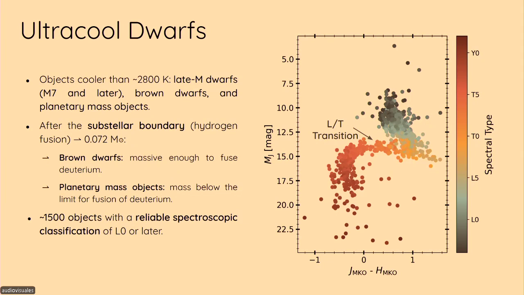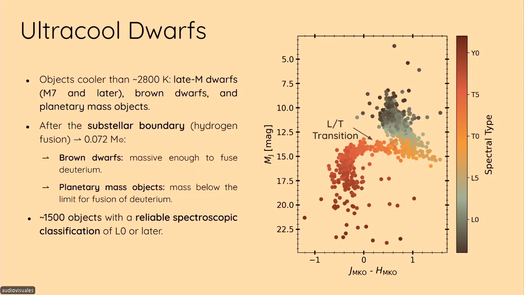And what we can see here is that ultra-cool dwarfs go redder and redder in color as their spectral type goes down, until they reach the late L types. And then we can see that in the transition from L to T types, the ultra-cool dwarfs suddenly start to go bluer in color.